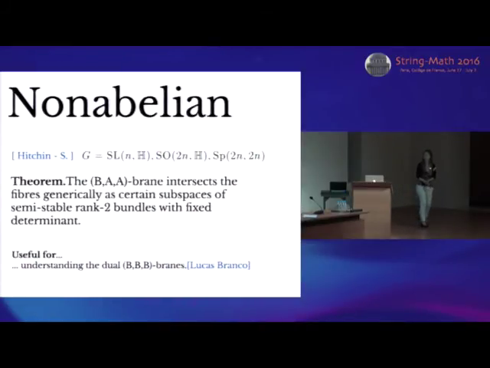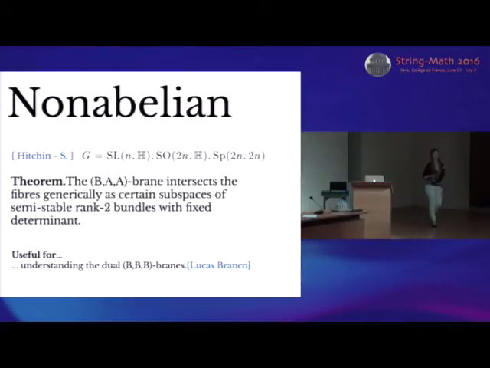The other case is non-abelian intersection, and this will be, in fact, the most common scenario. What happens is, for instance, in these three cases, what we could see with Nigel Hitchin is that if you take the special linear group with the quaternions, or the subgroups of that group, which are SO*(2n), or the split symplectic group, when you look at the brane intersecting the generic fibers of your Hitchin fibration, it doesn't intersect.